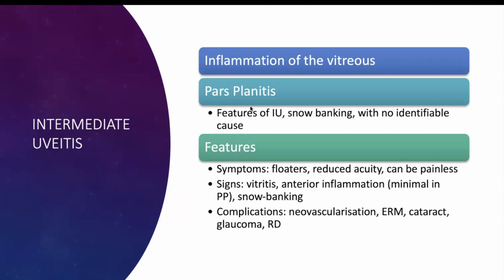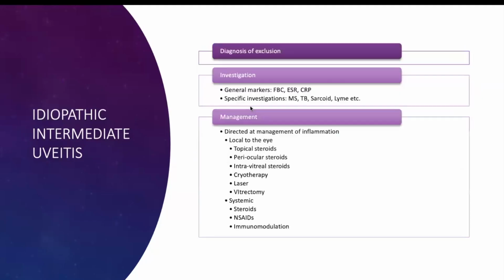And then you might even see some complications. So these are ischemic eyes. You can get neovascularization, you can get an ERM forming, potentially a cataract, secondary to either the inflammation or steroid use. They can have high pressures, they can come in with glaucoma. And intermediate and posterior uveitis can cause retinal detachment as well.